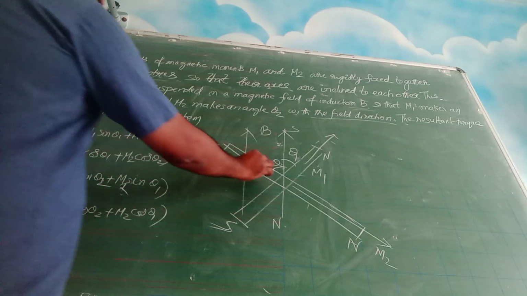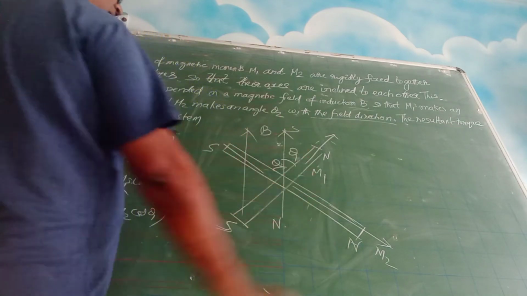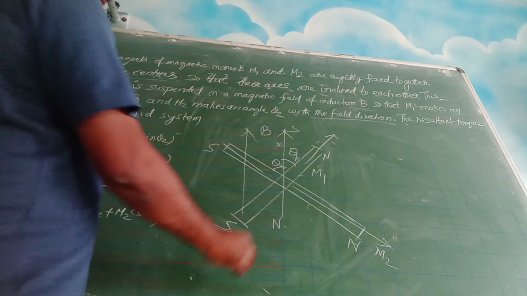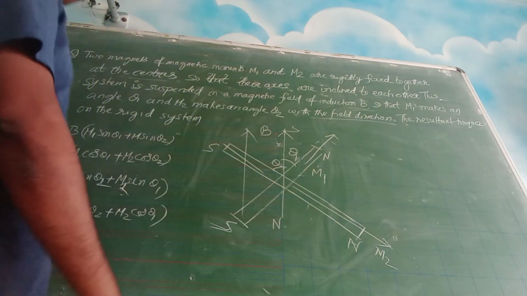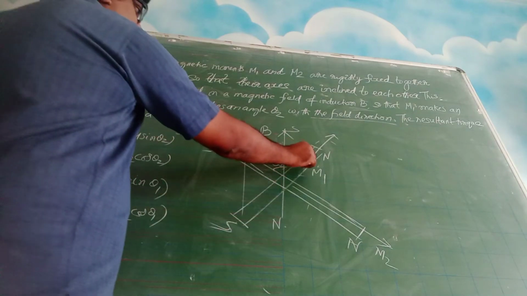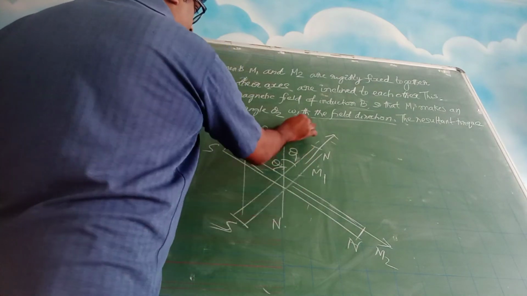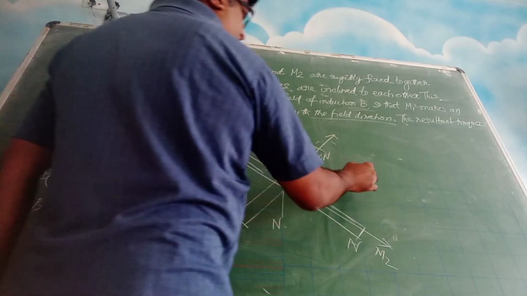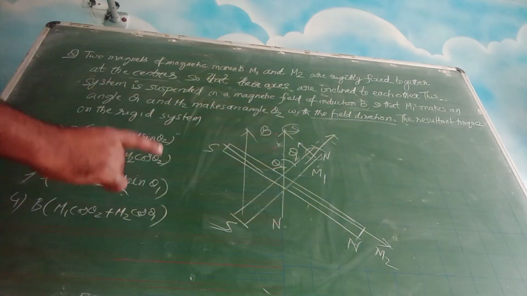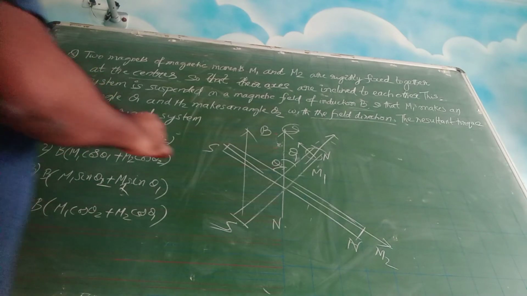See, these two magnets are being suspended in a magnetic field. So obviously there will be a torque because of this magnet and a torque because of this magnet. What is the torque because of this magnet? There is a south pole here and a north pole here, so there will be a force. Force is given by m multiplied by B. And what is torque?